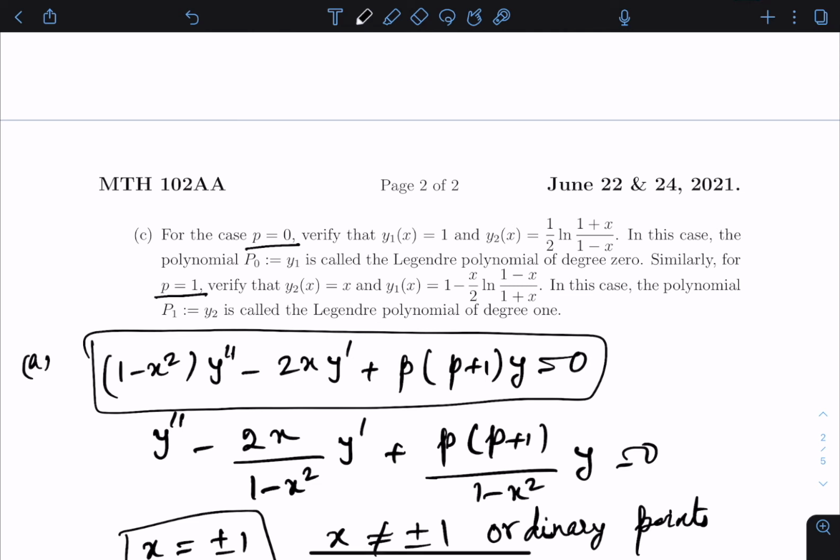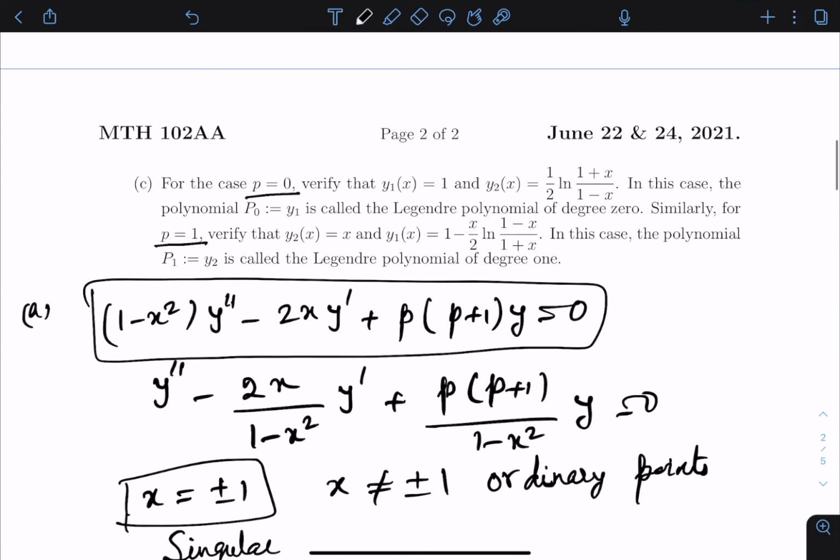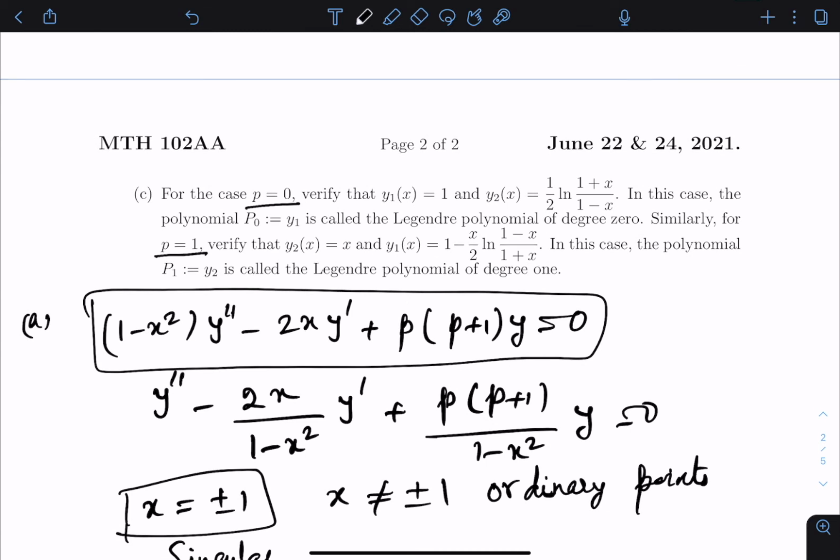In fact, what this problem is trying to tell you is that once you fix the P, which is the case in the Legendre equation here, you are going to get two linearly independent solutions, and one of them will be a polynomial of degree P. Okay, and that polynomial is called the Legendre polynomial of degree P. So when P equal to 1, it's degree 1, and P equal to 0, it's the Legendre polynomial of degree 0.